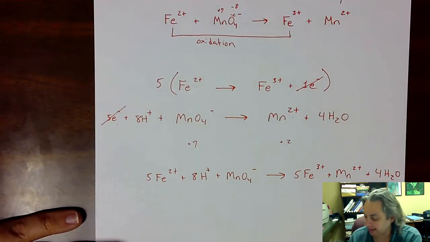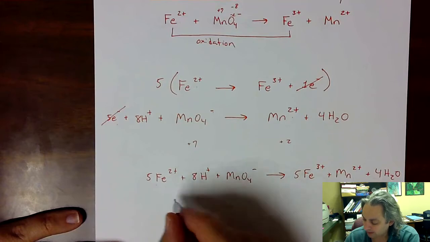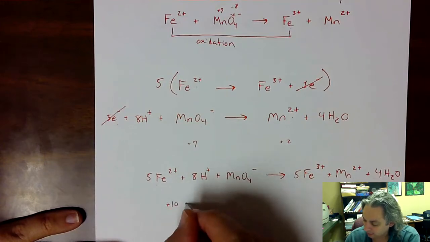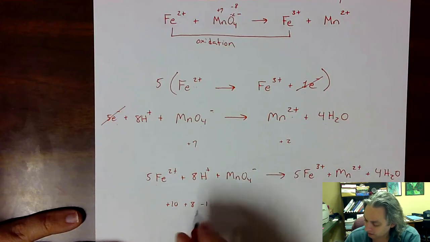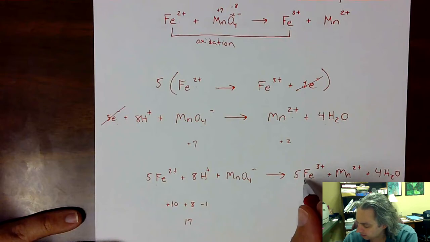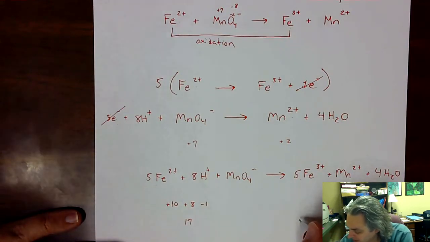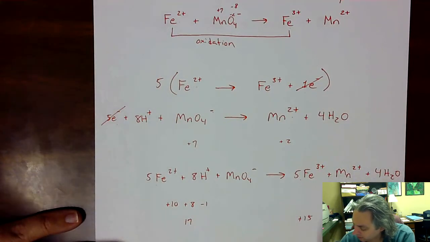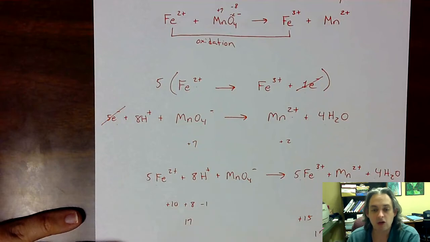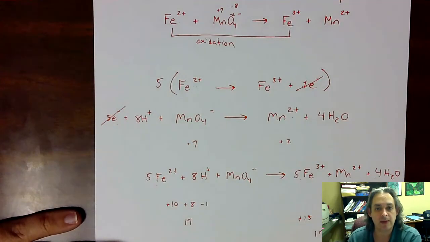Now what about charge balance? 5 times 2+ is +10, plus 8, minus 1 for the reactant. So that gives us a total of 17. And then over here we have 5 times 3+, which is +15, plus 2 gives us 17. So our charge is now balanced.